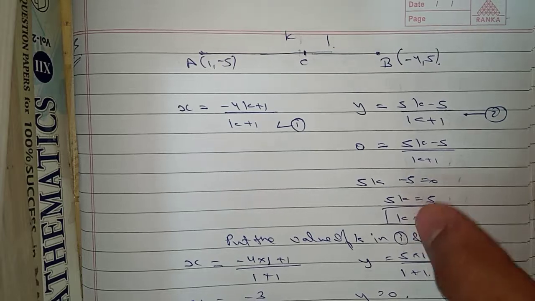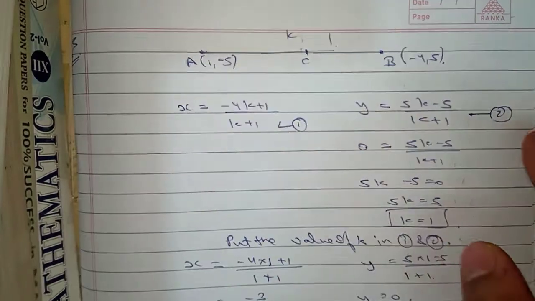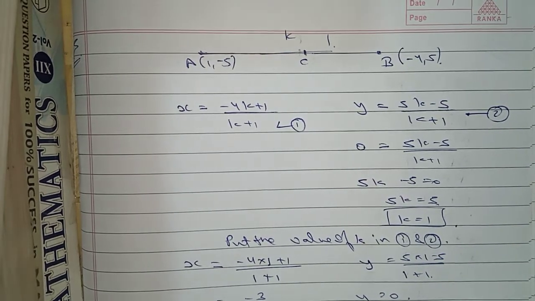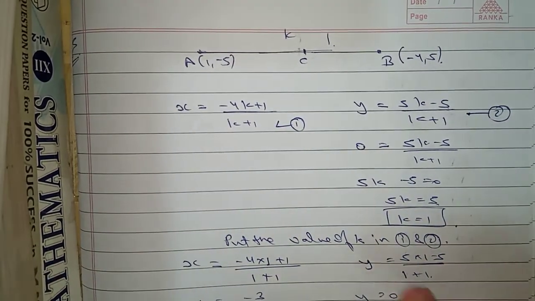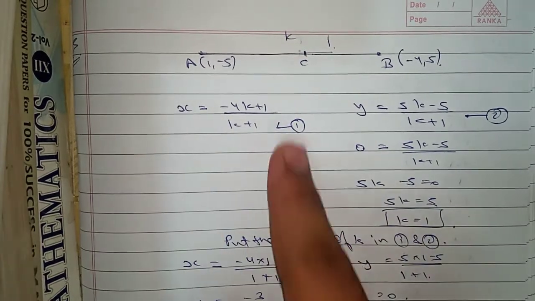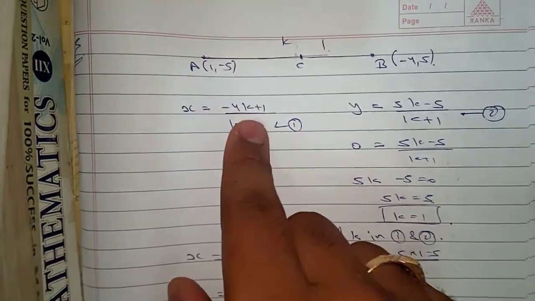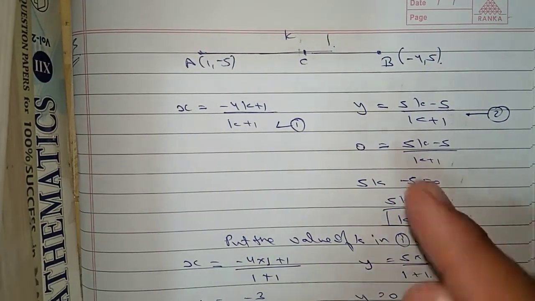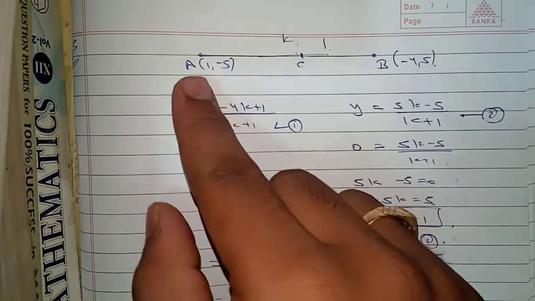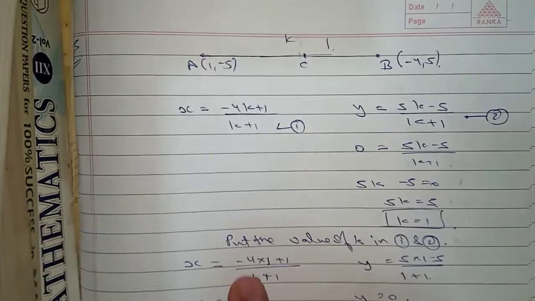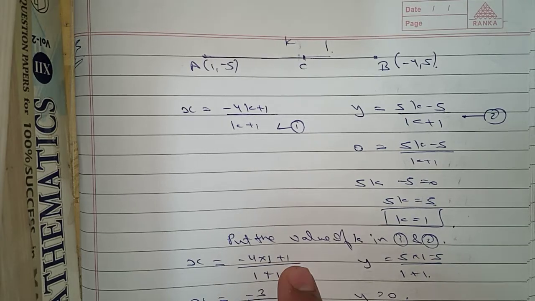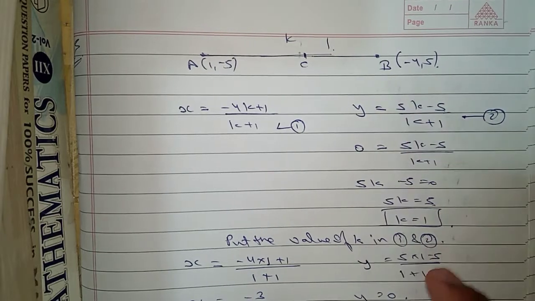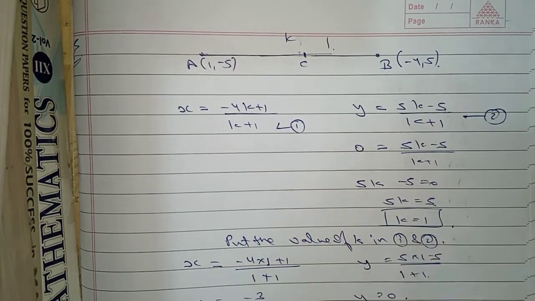Now simply put the value of k in equation number 1 and equation number 2. If we put the value k equals 1 here and here, we will get the value of x and y. Is it clear? If I put the value of k here, x is (-4 into 1 + 1) divided by (1 + 1), and y is what? (5 into 1 - 5) upon (1 + 1).